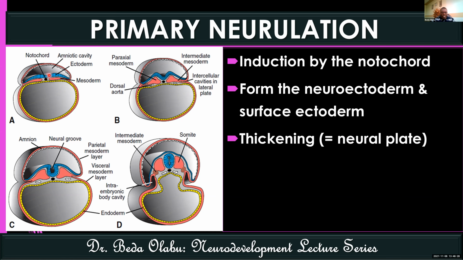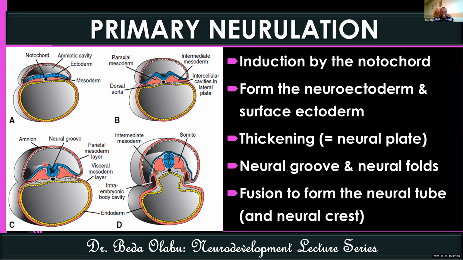So the neuroplate undergoes folding like this. The depression within the neuroplate is called the neural groove, and the elevated edges of the neuroplate are called the neural folds. Once the groove and the folds are formed, the two folds come together, fusing, usually from the level of the cervical region, then going in either direction, cranially and caudally, in a zipper manner.